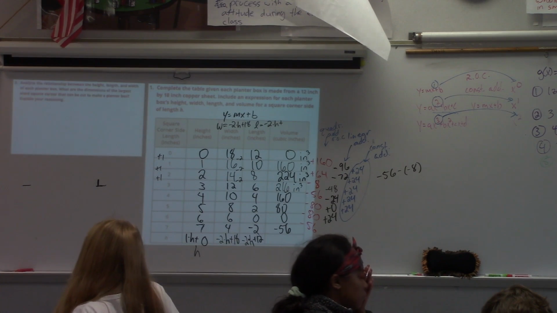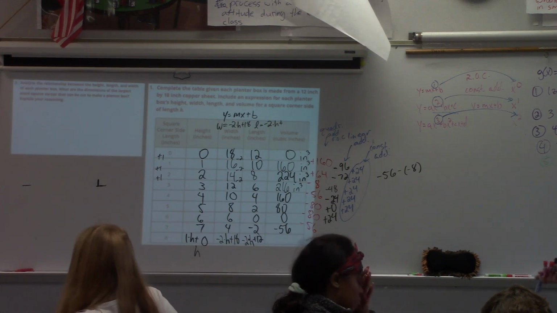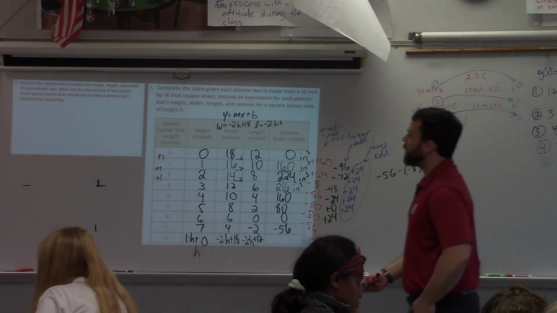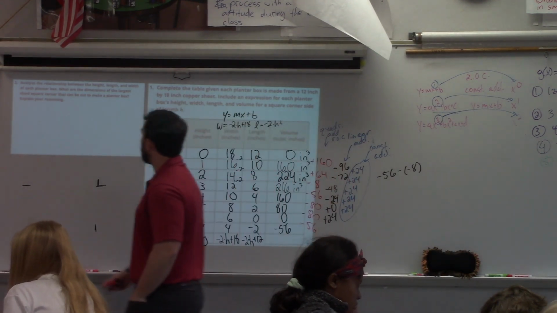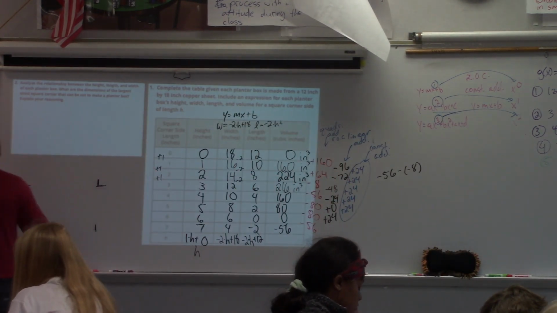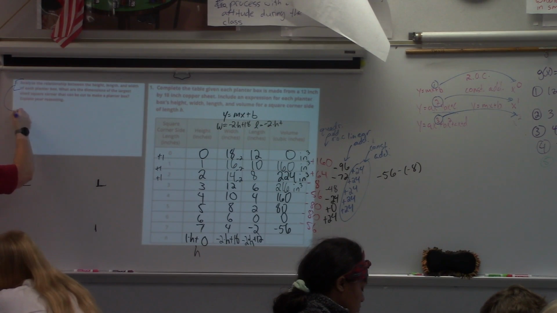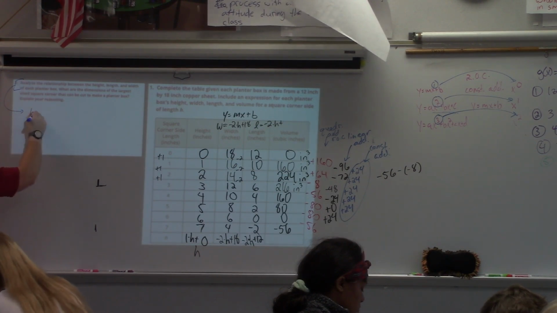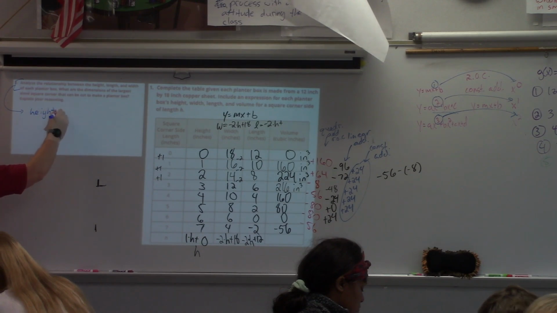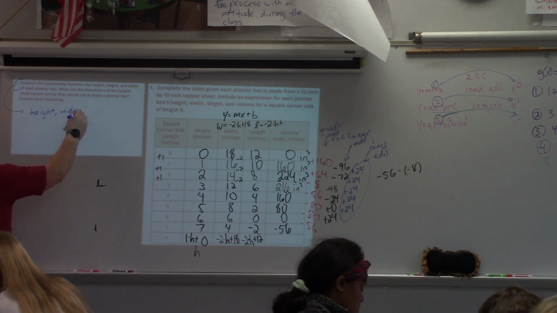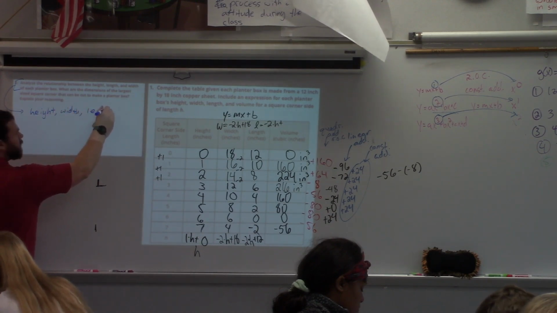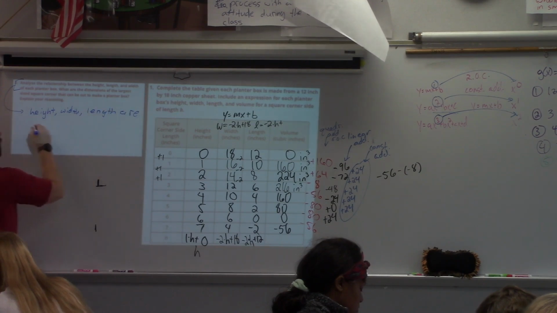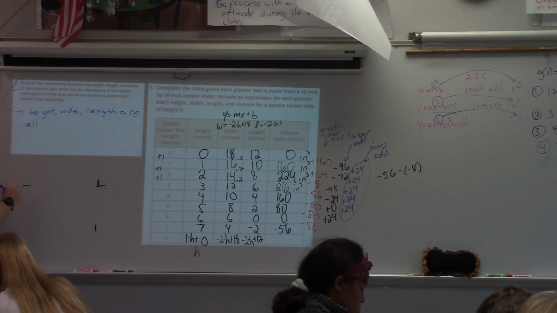So, number 2 says analyze the relationship between the height, length, and width of each planter box. What are the dimensions of the largest size square? So, when we analyze the relationship, what we want to notice is height, width, length are all what type of function?